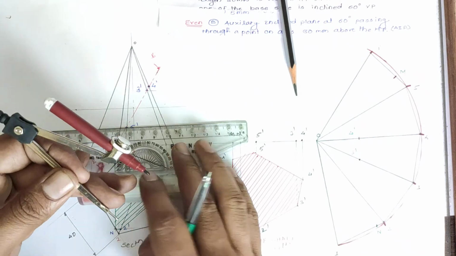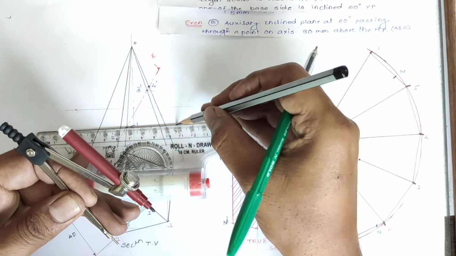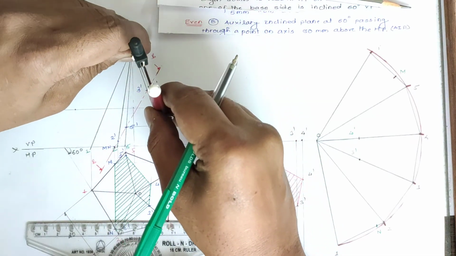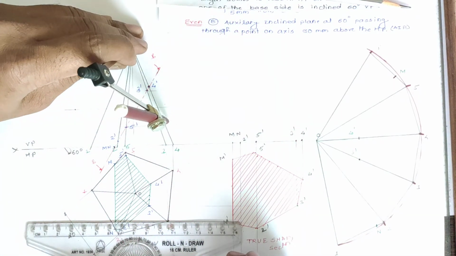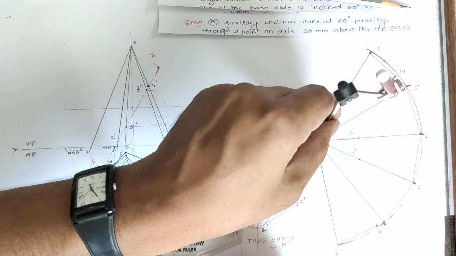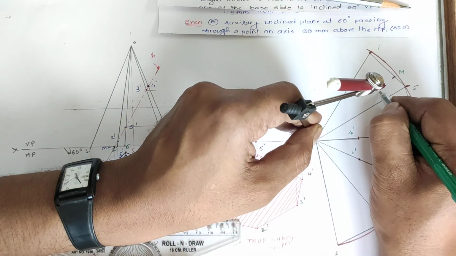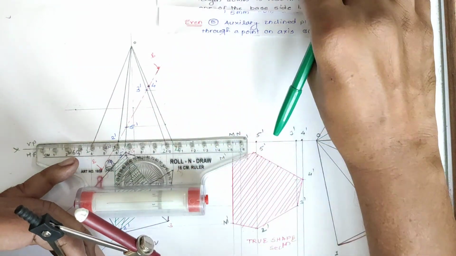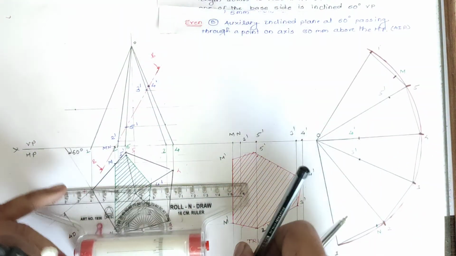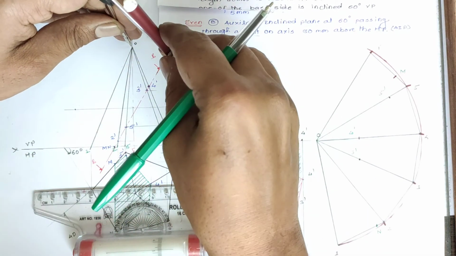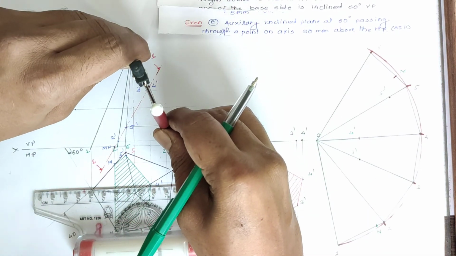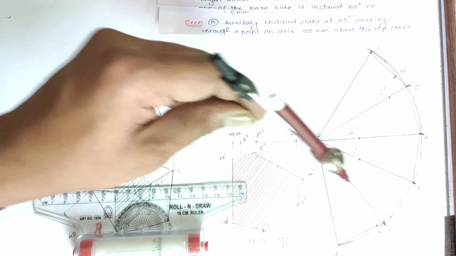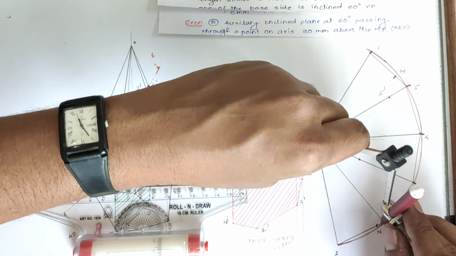Similar way for 5 dash, draw the faint projection line and take the distance from O to 5 dash on the slant edge. And finally for 2 dash, draw the horizontal faint projection line and take the distance from O to that slant edge point, 2 dash, in the compass.